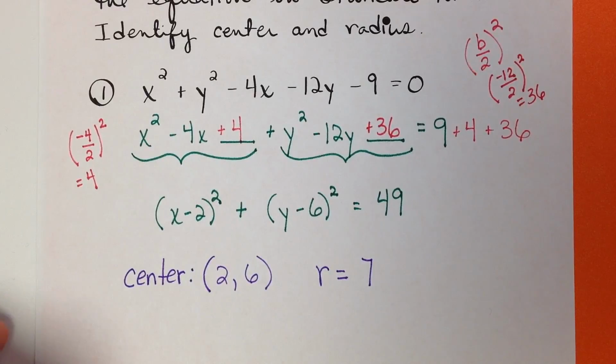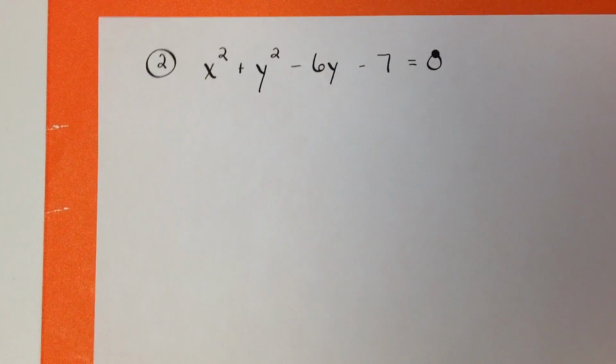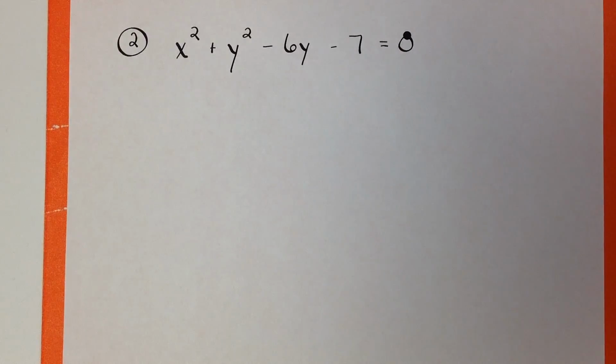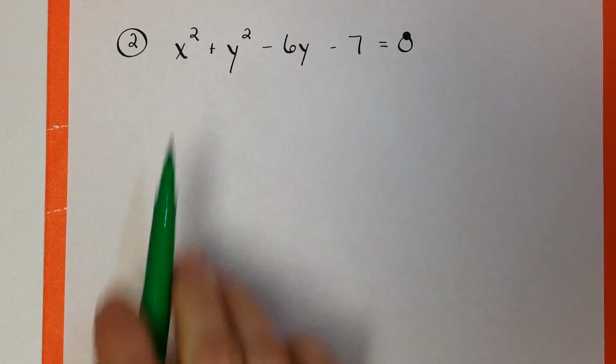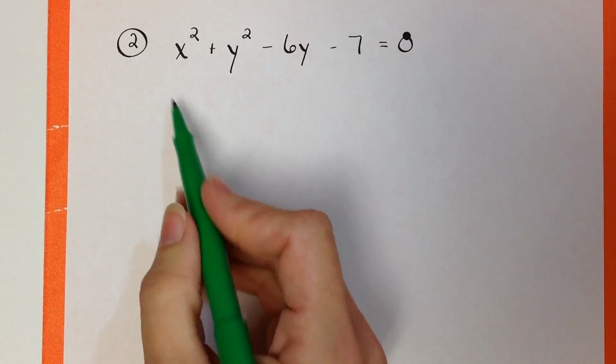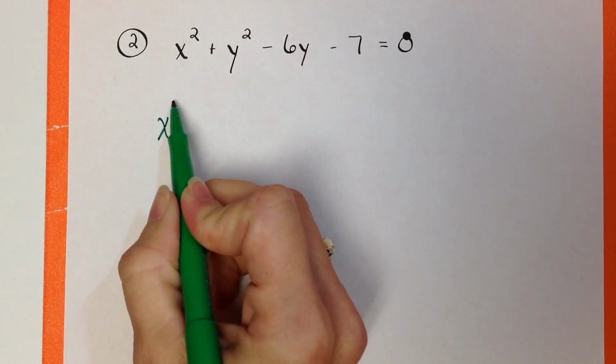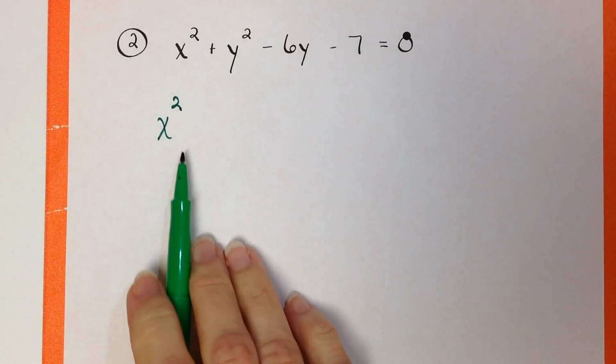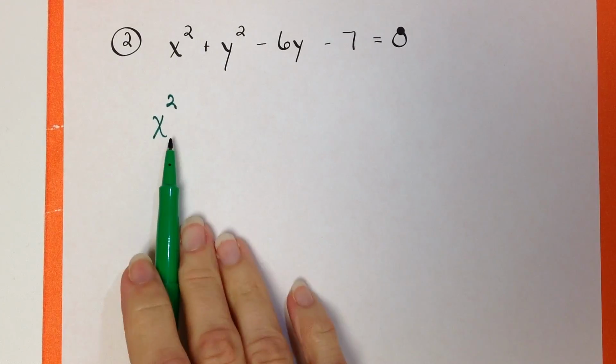Okay, looking at another one of these. First of all, rearranging your terms, I'll put my x terms first. This time you only have one term that contains x, but we still want to have it first. Now, you're not going to complete the square on x.